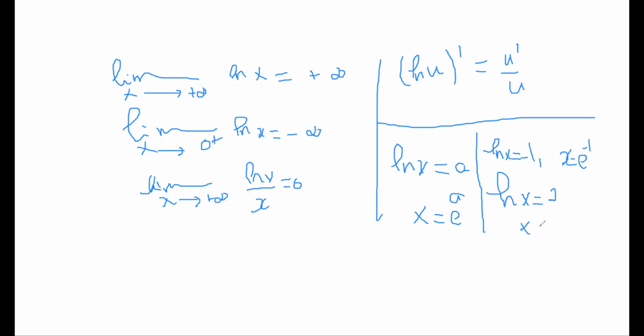Ln 1 equals 0, and ln e equals 1. Okay, so let's start solving the exercise.